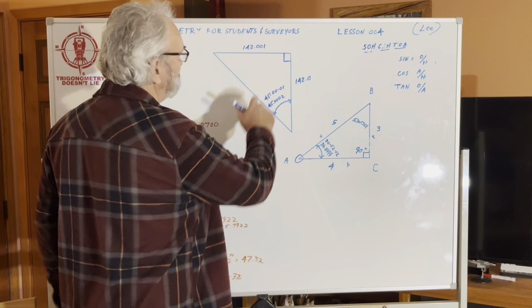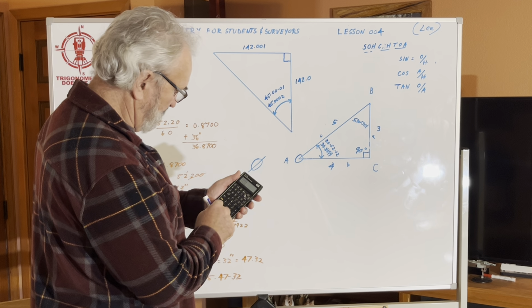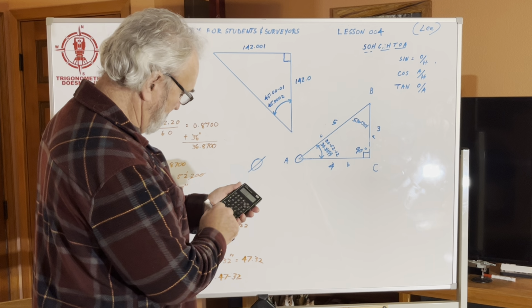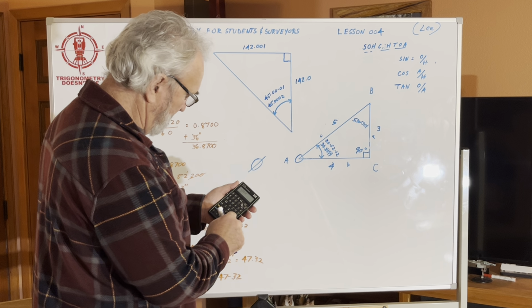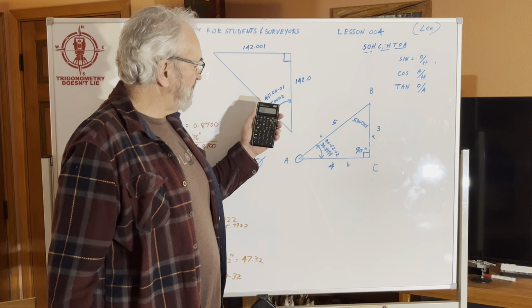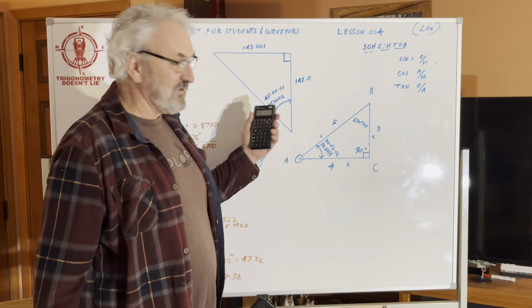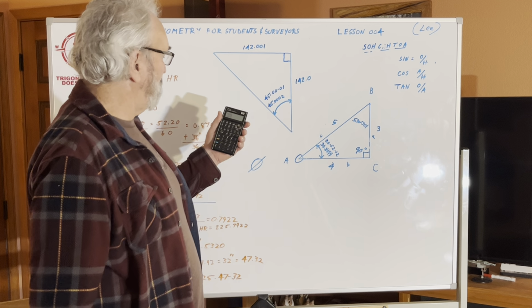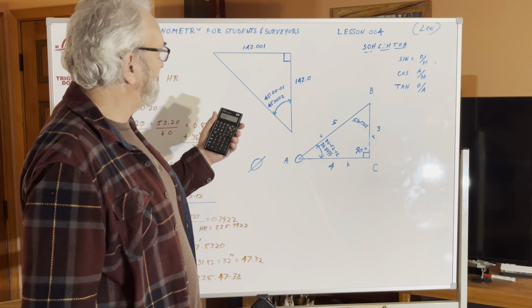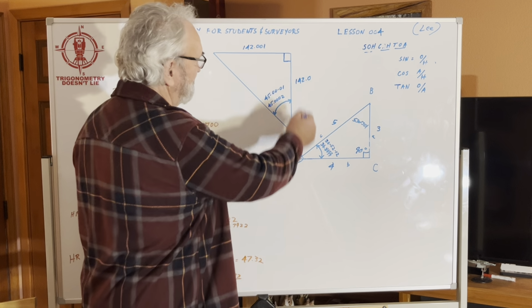Let's go 142.001, enter, 142, divide. Now I've got a 1.0000 ratio.